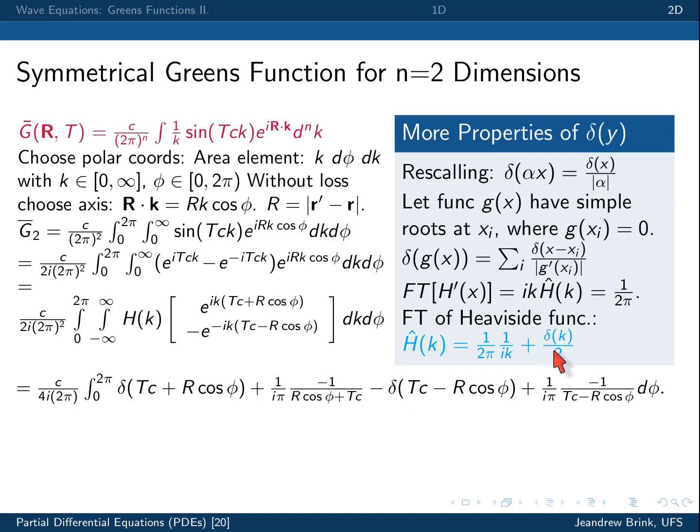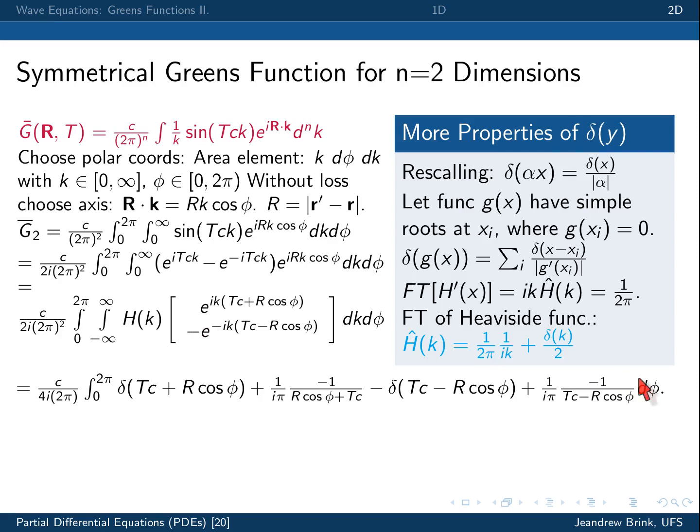the delta function over 2, so we move the 2 out of the x value, if you would call it there. Okay, so that's tc minus r over cos phi plus 1 over 2 pi i times this x value with a minus in front of there.